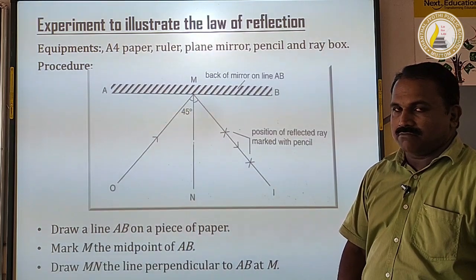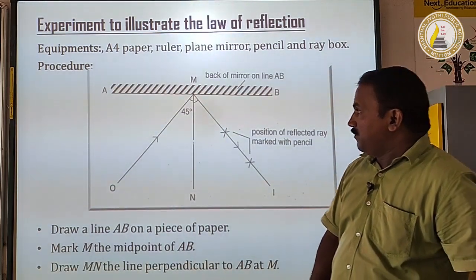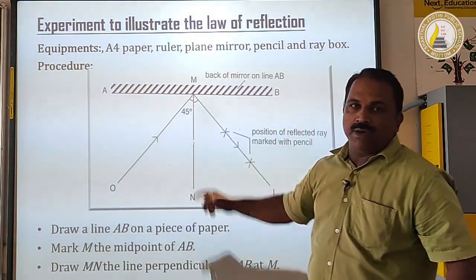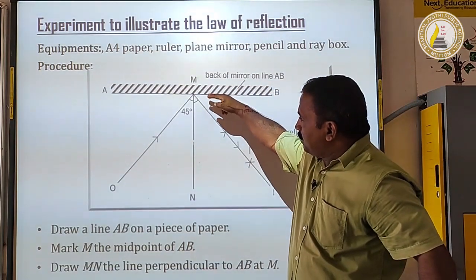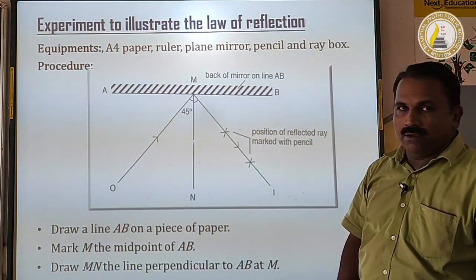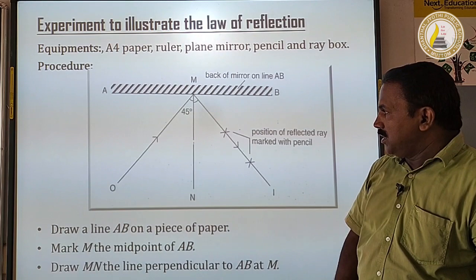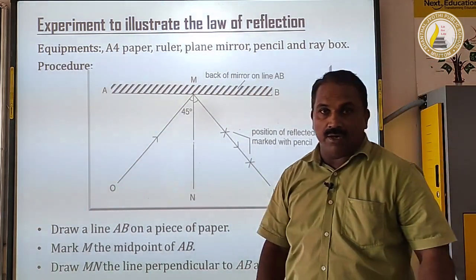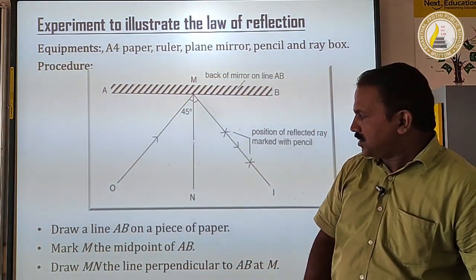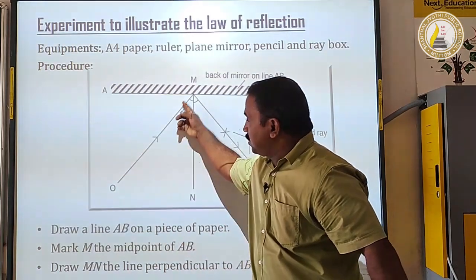After that what do we have to do? We have to place the plane mirror along the line AB. Then using a laser light or a ray of light from the ray box, pass it along the incident ray.